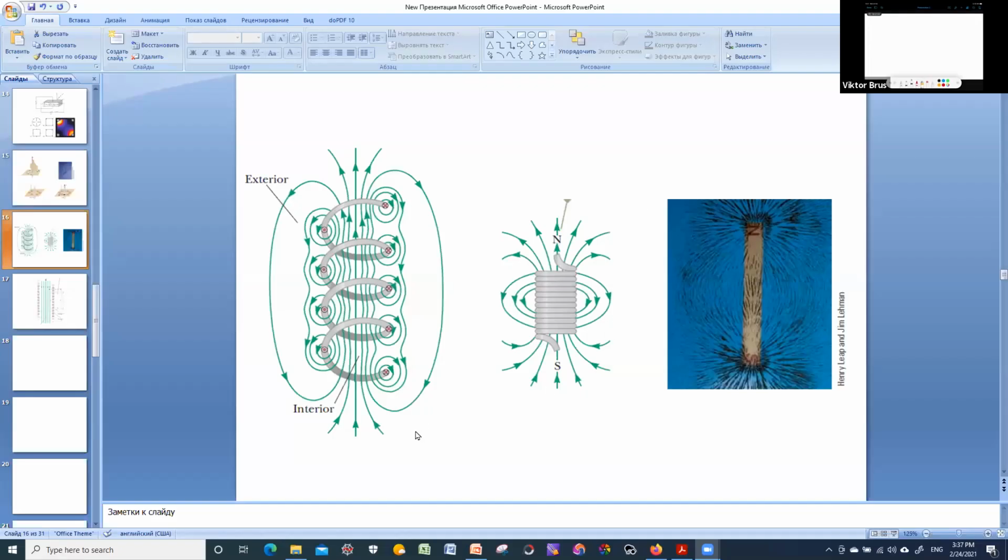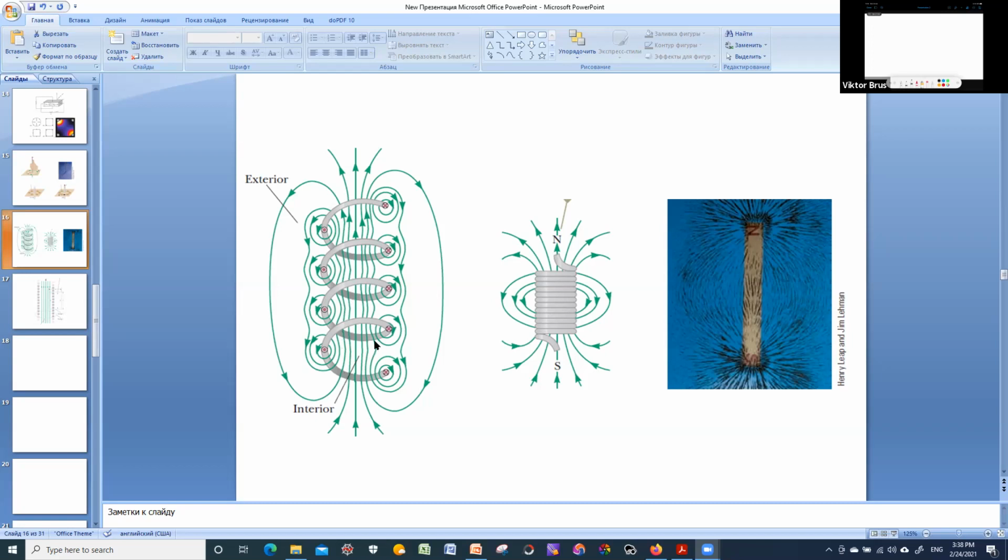A solenoid is a long wire in the form of a helix, and with this arrangement of wire it's possible to get a reasonably uniform magnetic field in the space surrounded by the turns of the wire.